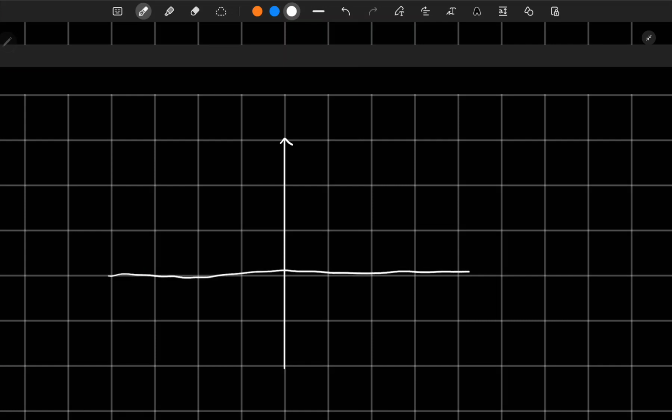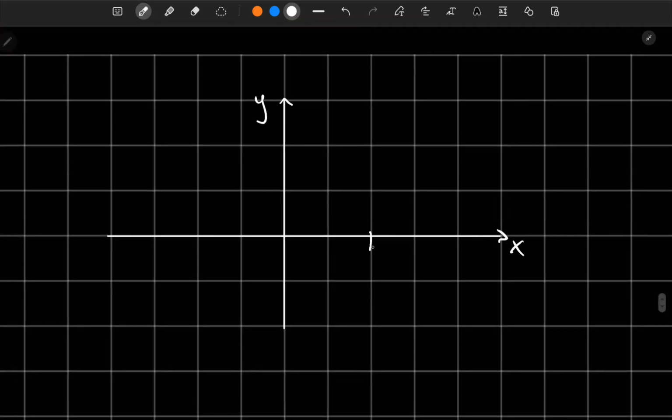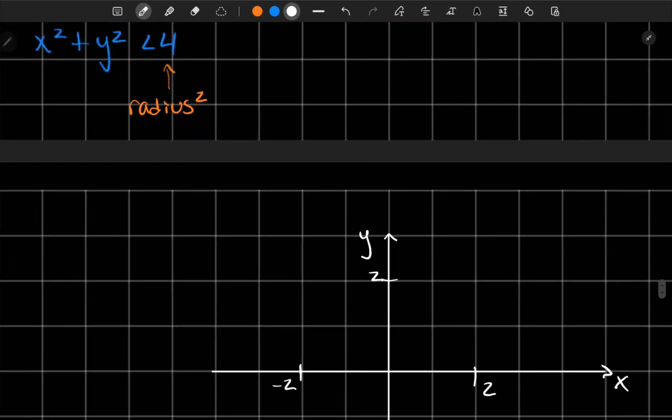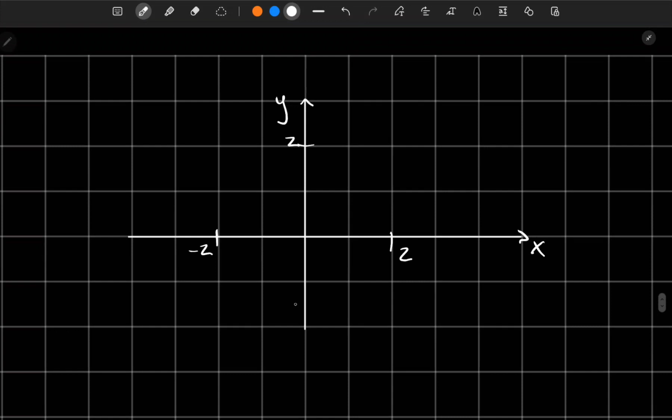So, drawing our xy plane once more, our region described by the above inequality, x squared plus y squared is less than 4, is given by the following region.